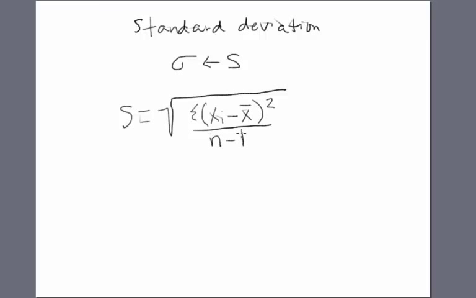Now, there are several formulas you will see to calculate sample standard deviation. This one I found is the simplest and most accurate for students to calculate. It's also one that's very easy to figure out how the calculation is working.